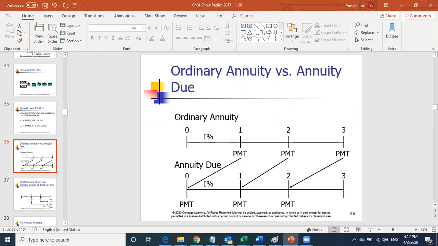In an ordinary annuity, payments are made at the end of each time period, the end of each year. In an annuity due, the payment is made at the beginning of each year.